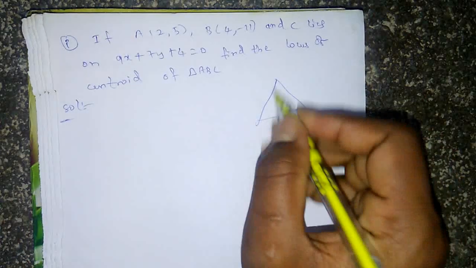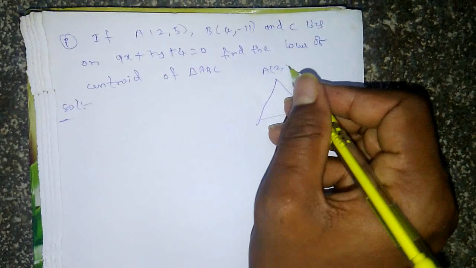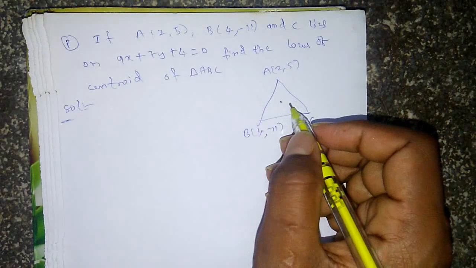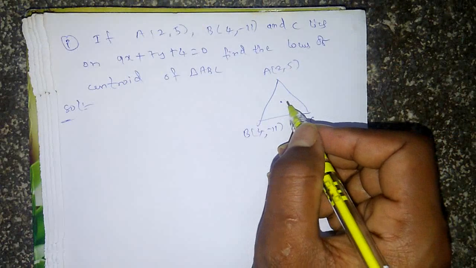So this is triangle ABC. Here point A is given as (2, 5), B is given as (4, -11), C is not given, and we need to find the locus of the centroid.